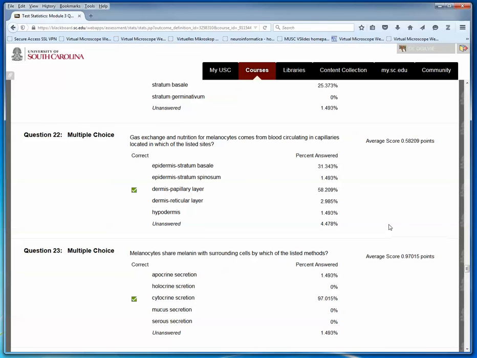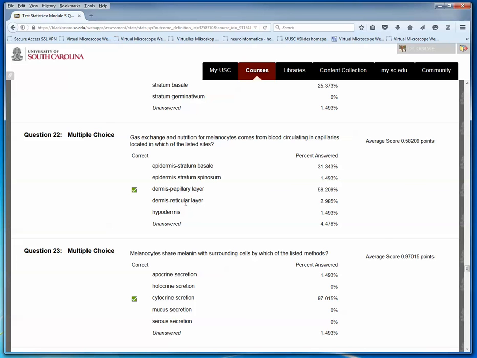This question is really asking you, where are the blood vessels that supply oxygen and nutrition to melanocytes? Where are these circulating capillaries? Well, the epidermis does not ever contain any blood vessels at all. So these two answers are totally incorrect.